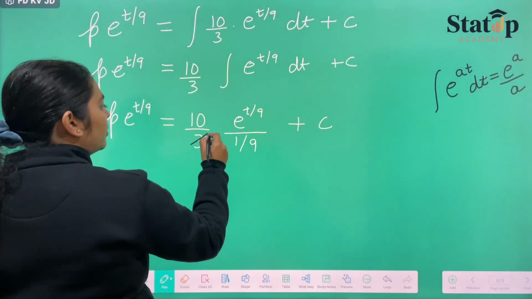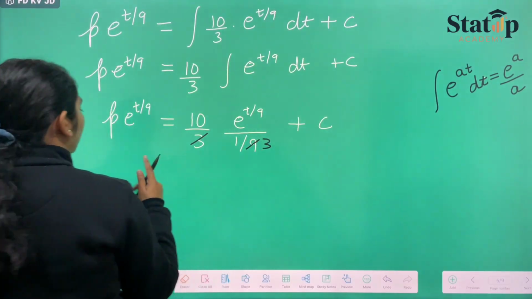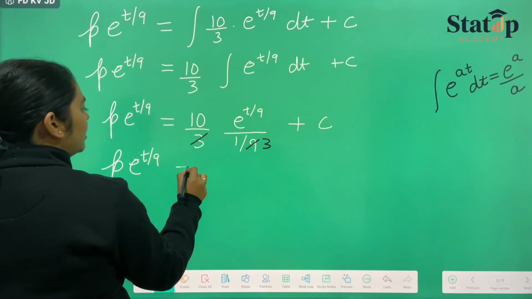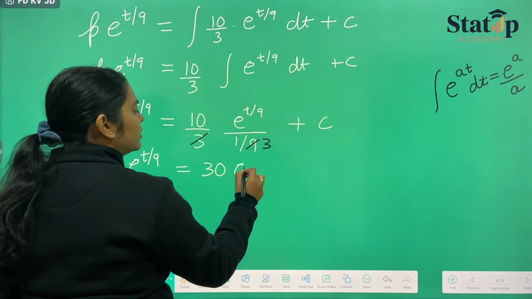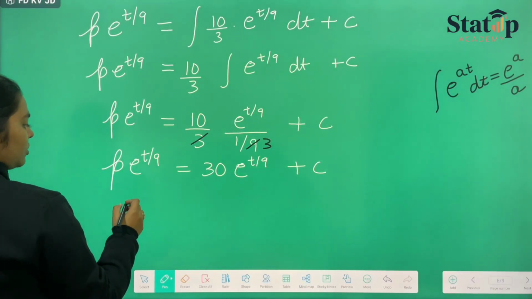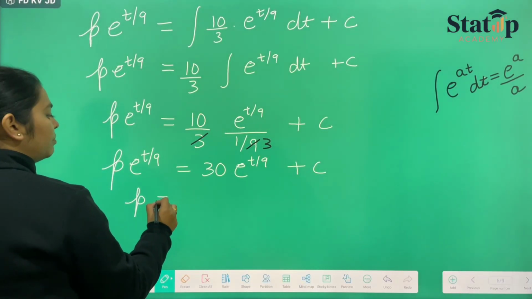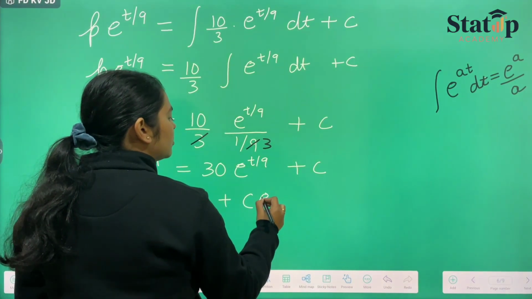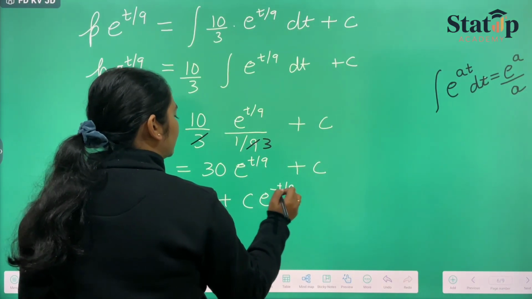If we cut this out, 3 ones are 3, 3 threes are 9, we will be getting p e raised to the power t by 9 equals to 30 e raised to the power t by 9 plus c. If I divide the whole equation by e raised to the power t by 9, we will get p is equals to 30 plus c e raised to the power minus t by 9.